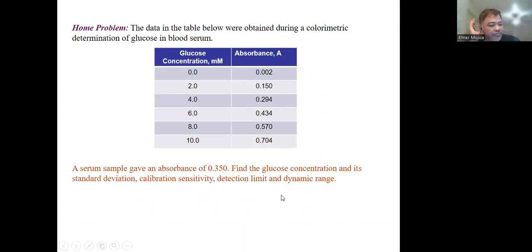So this is the home problem that you're going to do in addition to the quiz that I'm going to open soon. What I want you to do is maybe solve it, take a photo, convert the photo to PDF, and then upload, answering the questions that you have there.